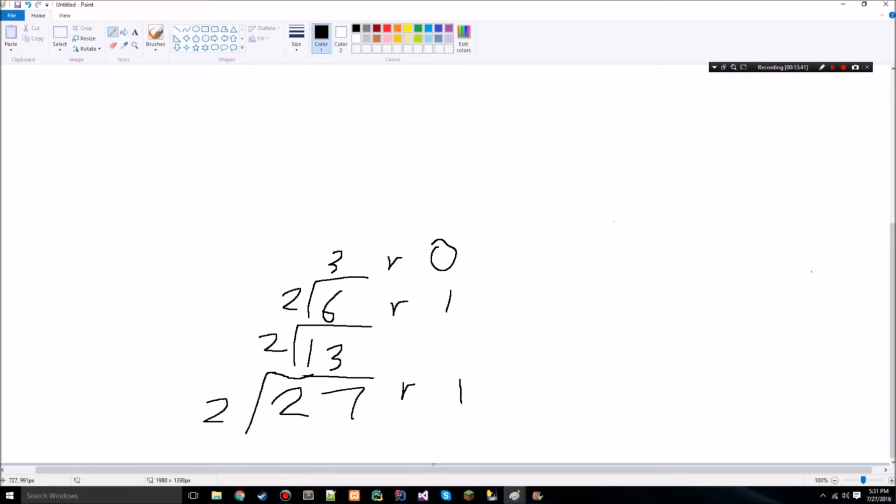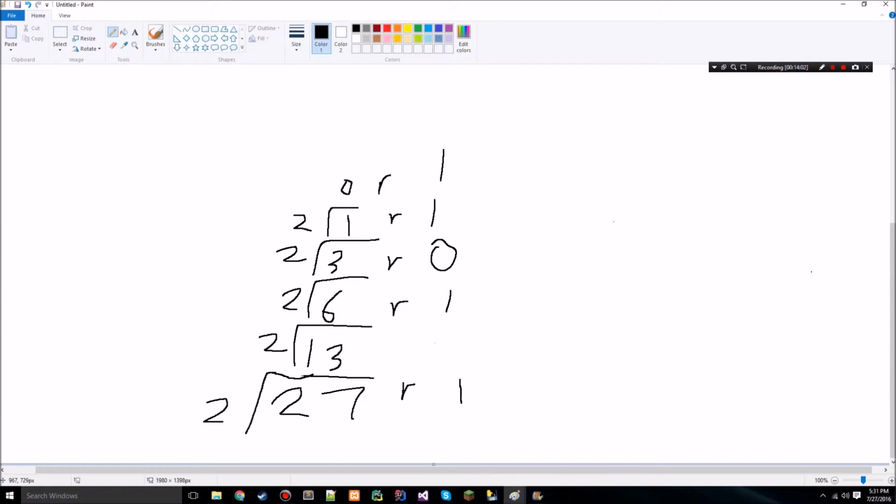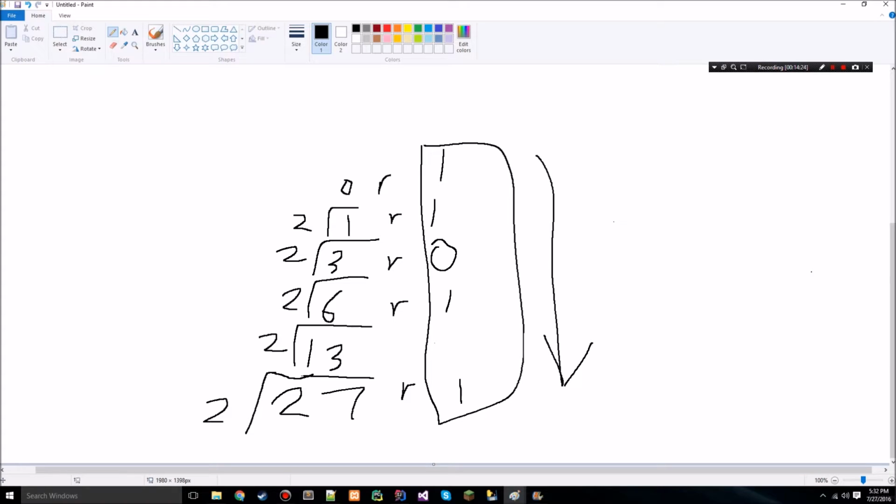We're going to divide this by 2 again, and we get 1, remainder 1. And then we divide by 2 again. We get 0, remainder 1. 2 goes into 1 zero times, and you have a remainder of 1. So this is our answer, working from this way, because last time we did it backwards.